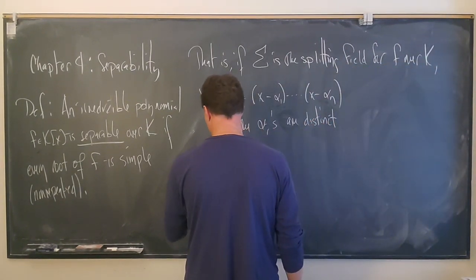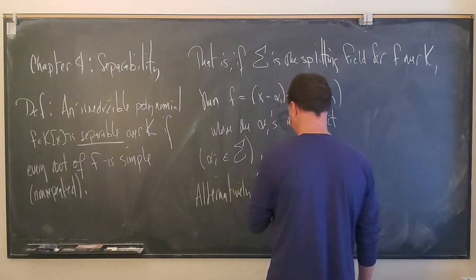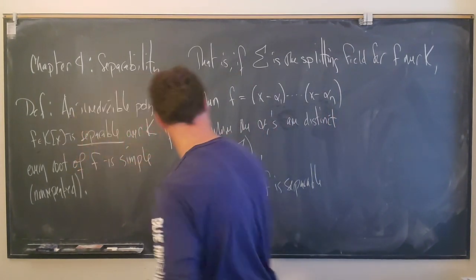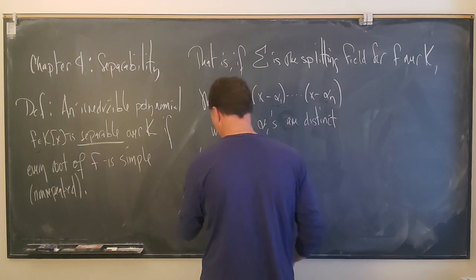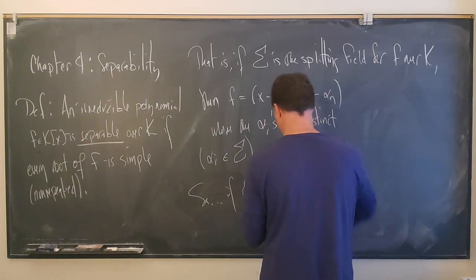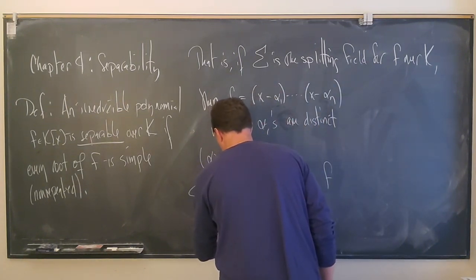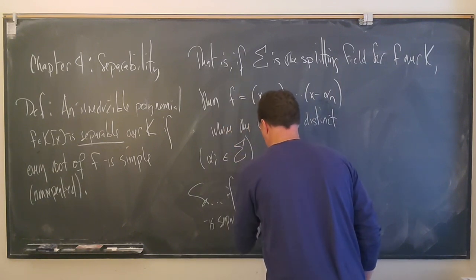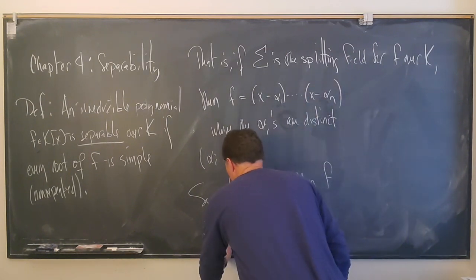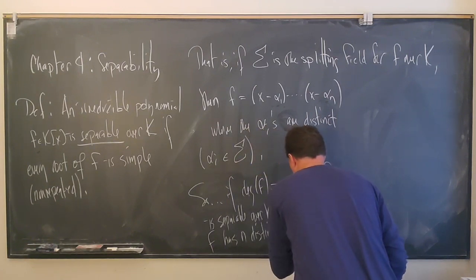So we'll just say, if the degree of f equals n, then f is separable over k if and only if f has n distinct roots.